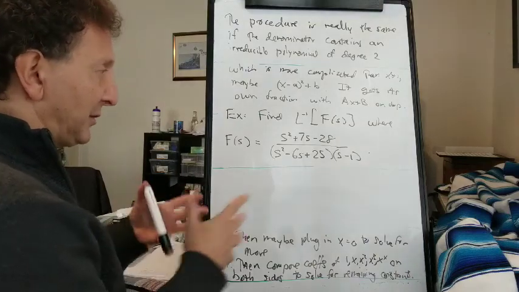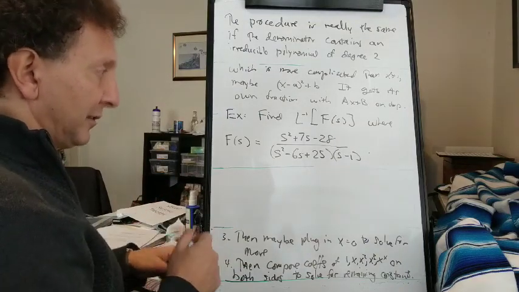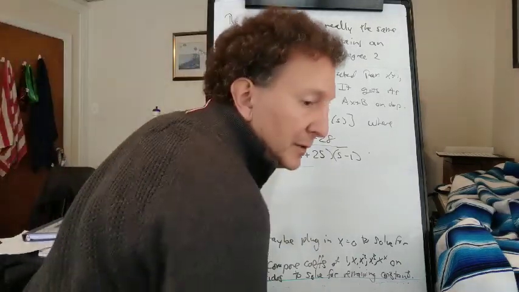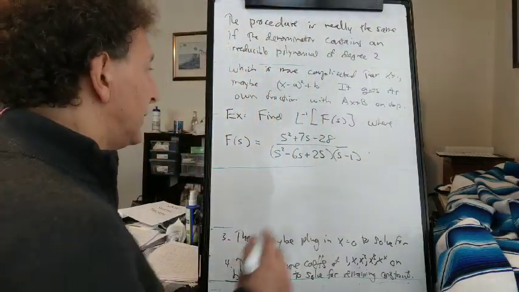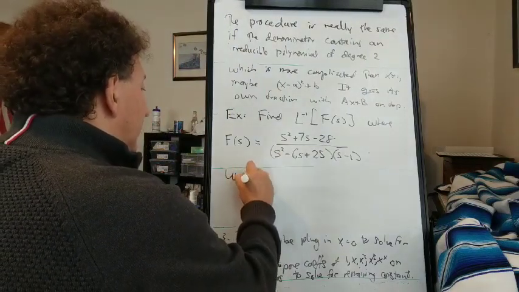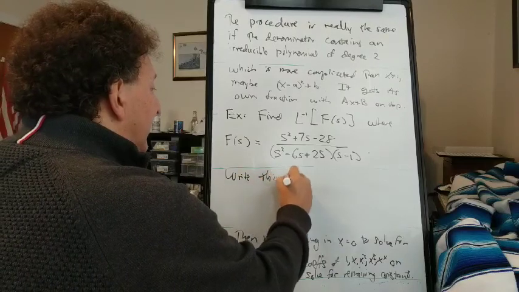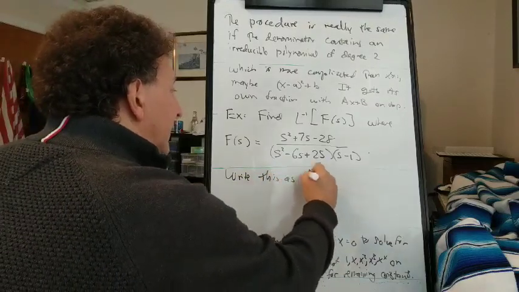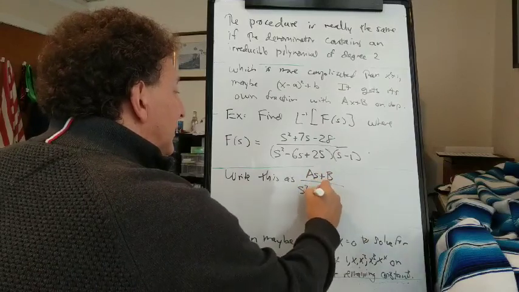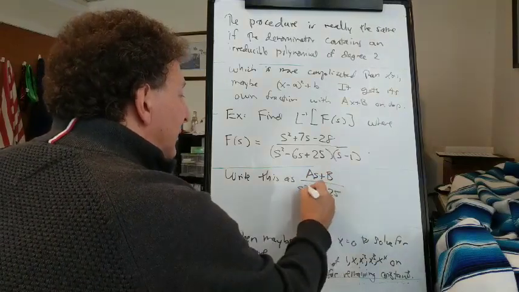So we have to massage it, turn it into fractions that we're going to recognize, and then we can take the inverse Laplace transform of those. So we can write this as as plus b over s squared minus 6s plus 25.